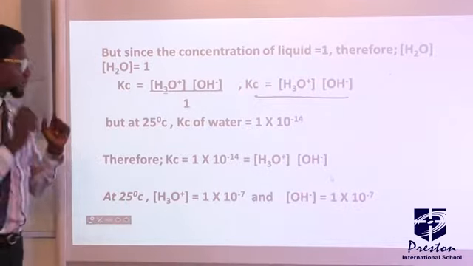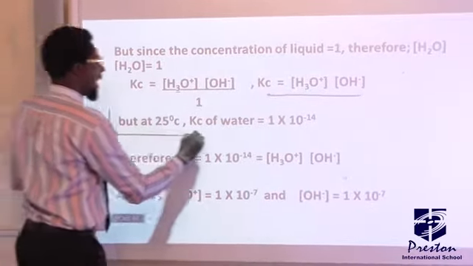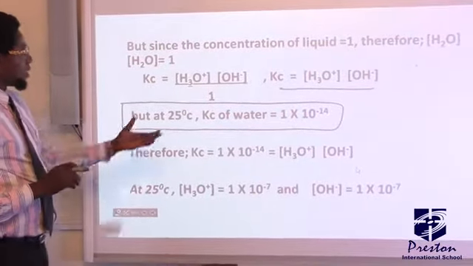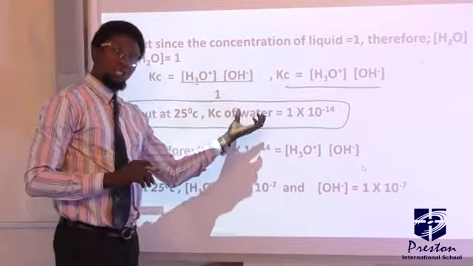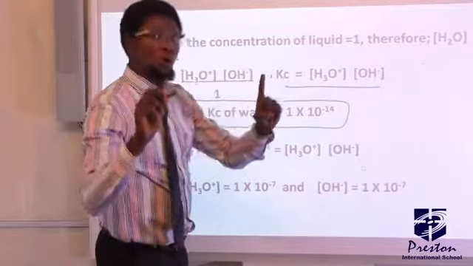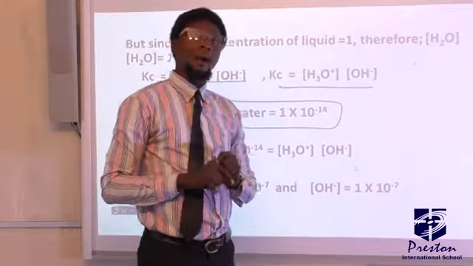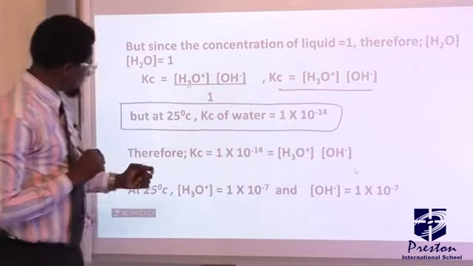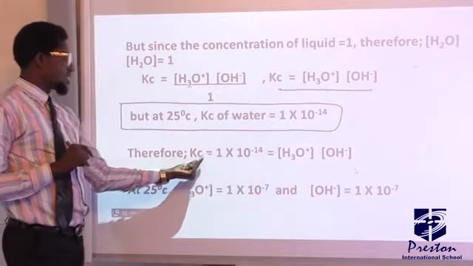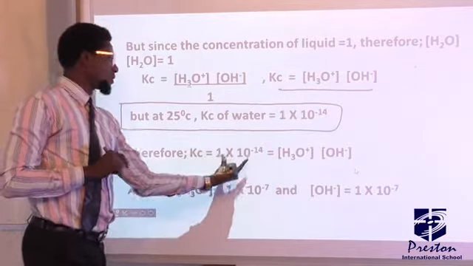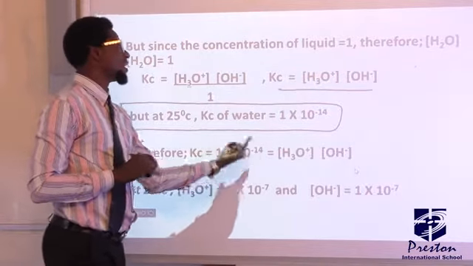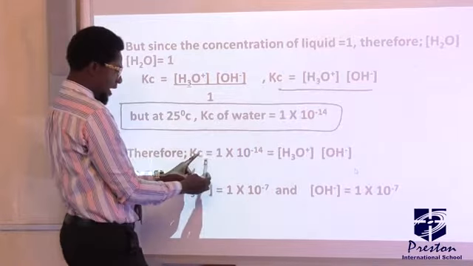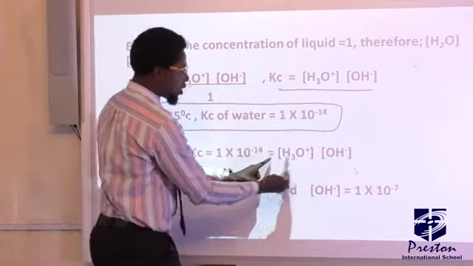But take note of this. At 25 degrees Celsius, that is at room temperature, the equilibrium constant of water is always equal to 1 times 10 raised to power minus 14. Always have that at the back of your mind. Therefore, Kc equals 1 times 10 raised to power minus 14. But don't forget you have said that your Kc is this. So it means our Kc equal to this is also equal to what?